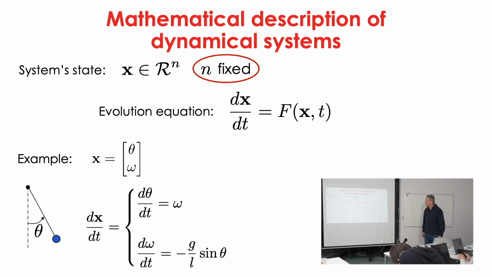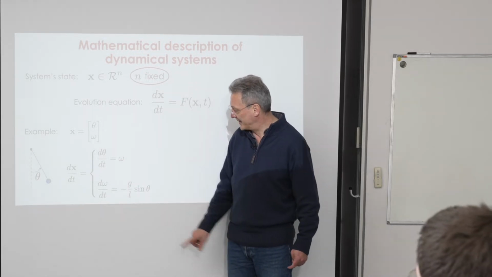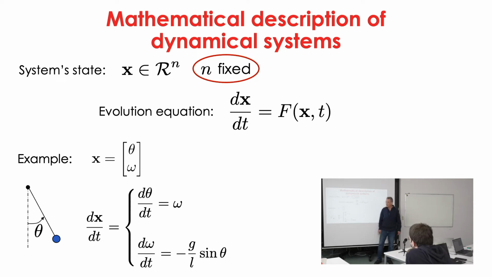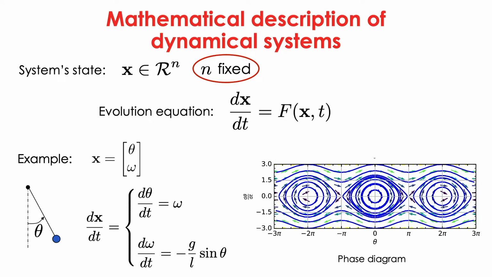Okay, and then you write a dynamical equation like this one, where you say omega is the variation of theta, and then the variation of omega is described by a certain law that comes from the dynamics of the system, the physics of the system.